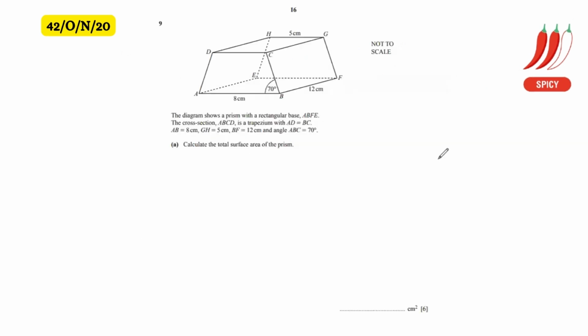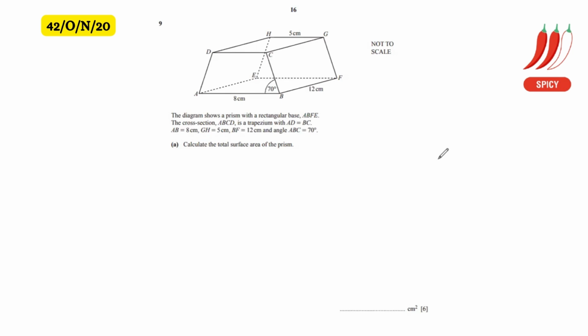It says the diagram shows a prism with a rectangular base ABFE. The cross section ABCD is a trapezium with AD equals BC. AB is 8 centimeters, GH is 5 centimeters, BF is 12 centimeters, and angle ABC is 70 degrees. We have to calculate the total surface area of the prism.